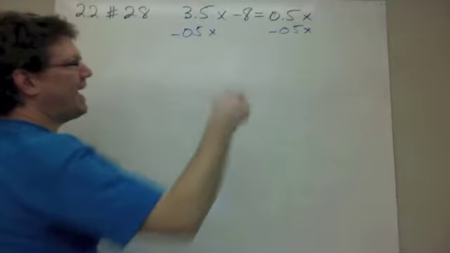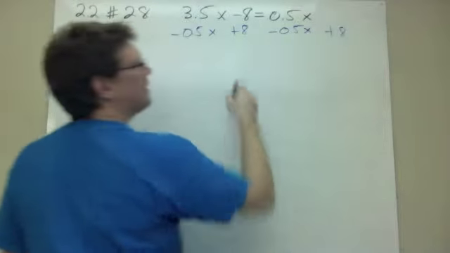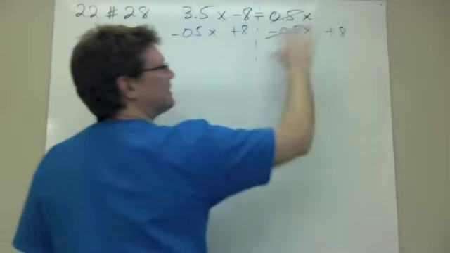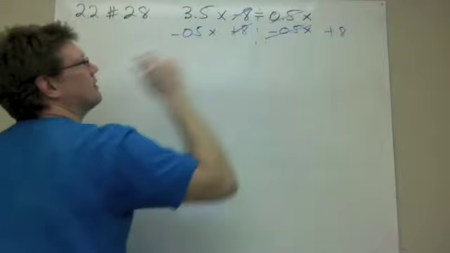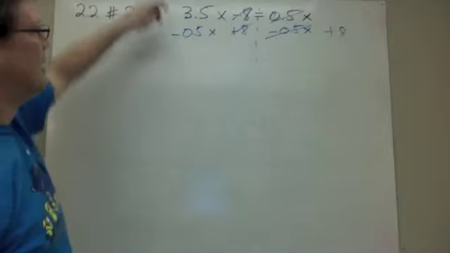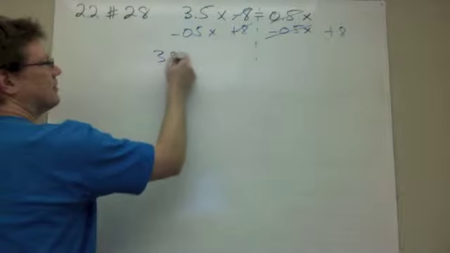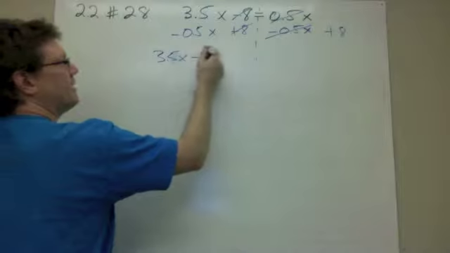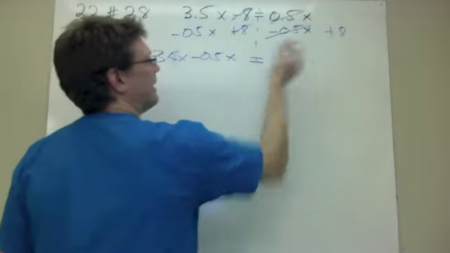Okay, and if we add 8 to both sides, now on this side of the equation, the adding and the subtracting are going to cancel out. On this side of the equation, the adding and the subtracting will also cancel out. So what's left over? 3.5x minus 0.5x is equal to 8.